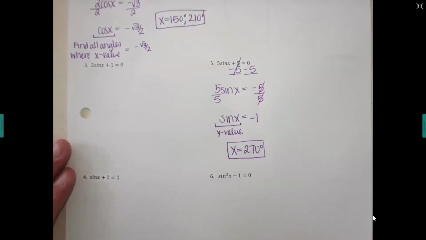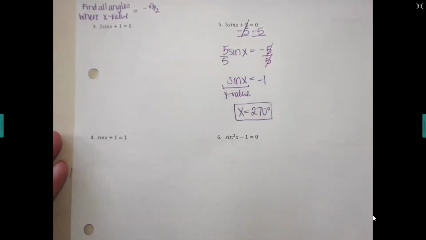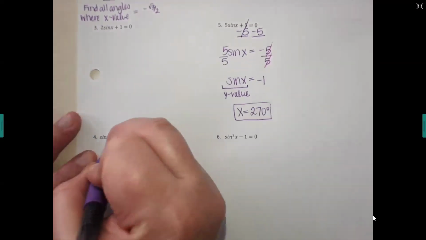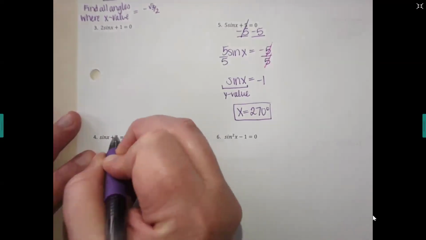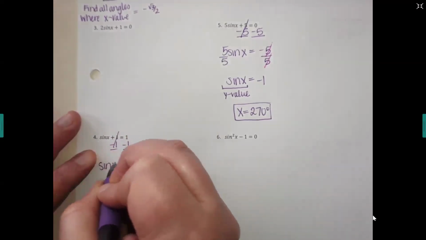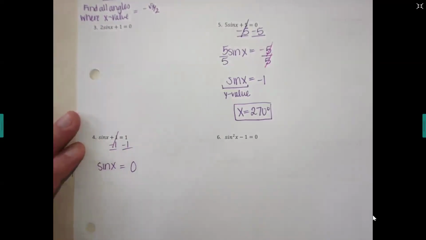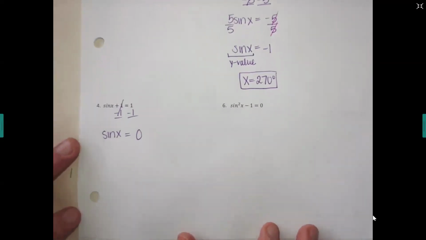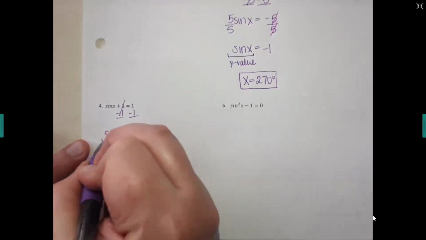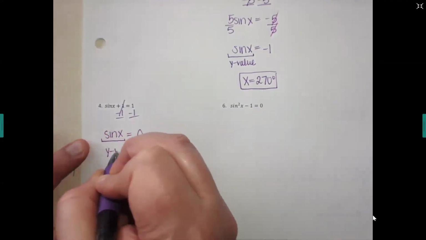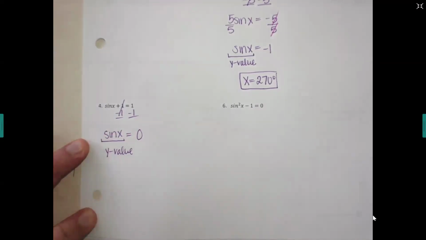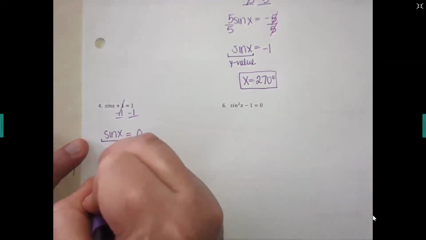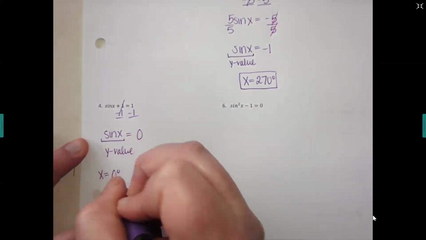Let's do maybe two more off the front here. Let's do number 4. What would I do first? Minus the 1. What is 1 minus 1? Okay, 1 minus 1 is 0. Then we know that sine is a y value. So I'm going to find all the places on the circle where the y value is 0. 0 degrees is 1.